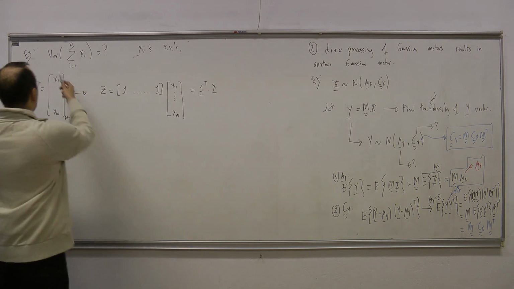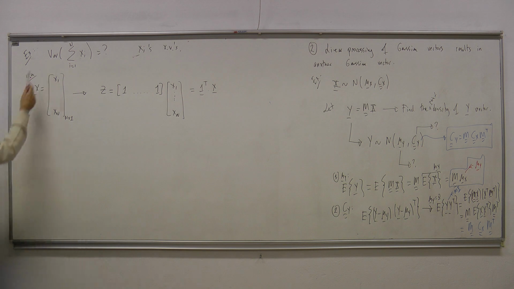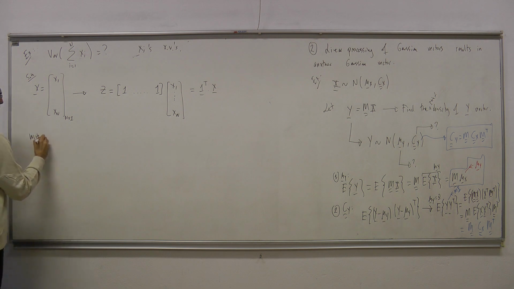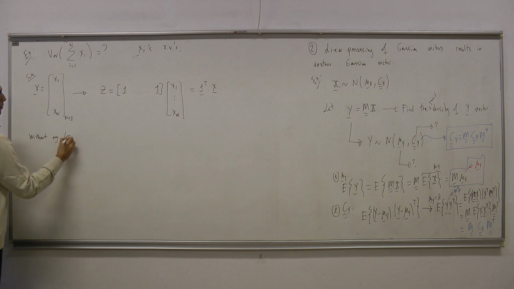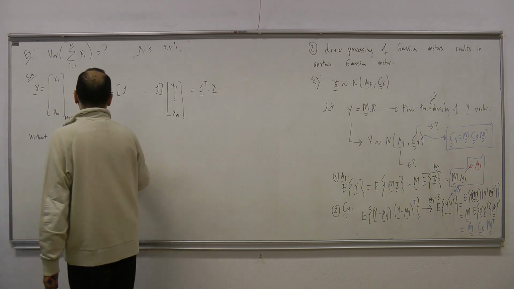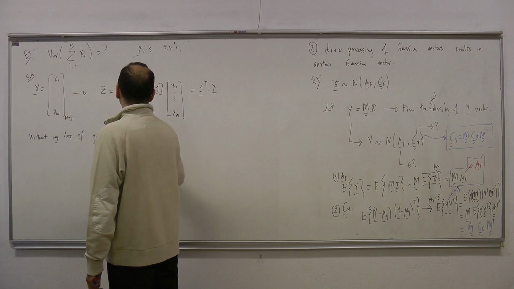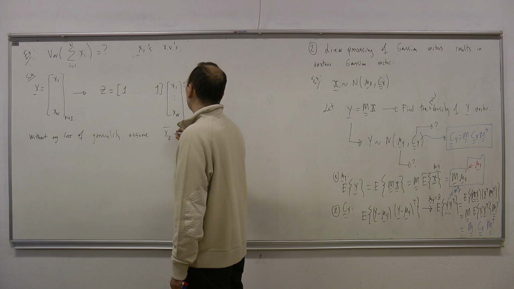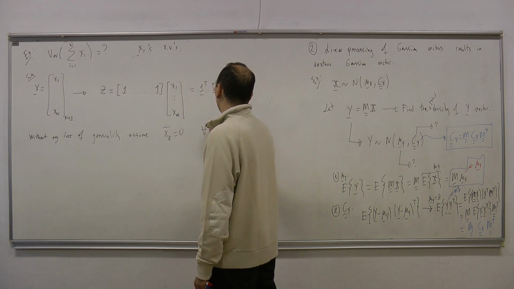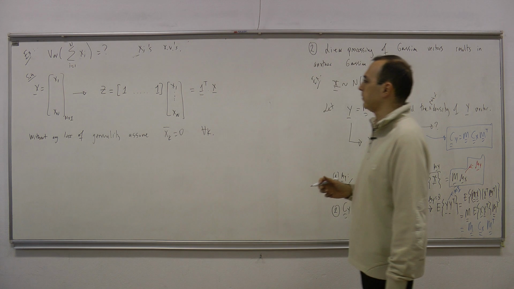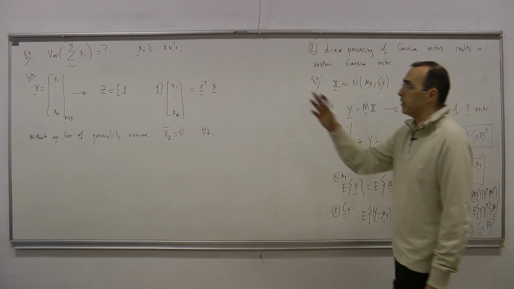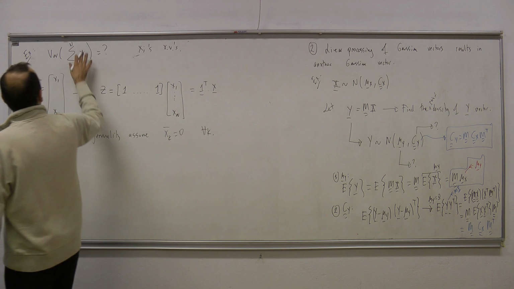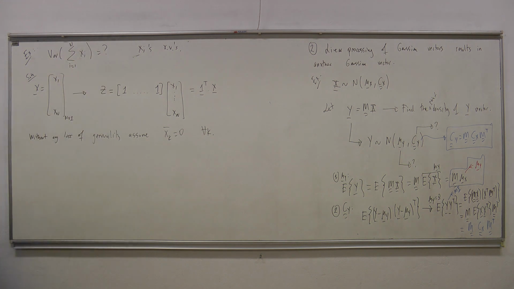So now the question is the variance calculation. For the variance calculation, as I have said, the mean values have no importance. So without any loss of generality, assume xk means are equal to 0 for all k. Because this is the variance calculation, whatever the mean is, it will be subtracted out at the first step.